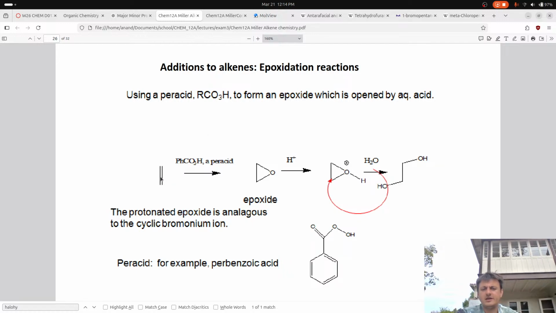Right, so we have some alkene here. We add this peracid, and we get an epoxide. And then we add acid.